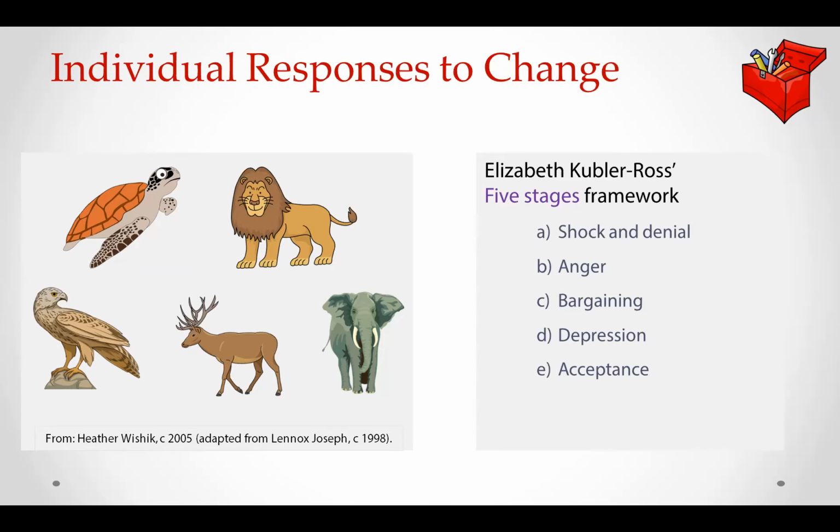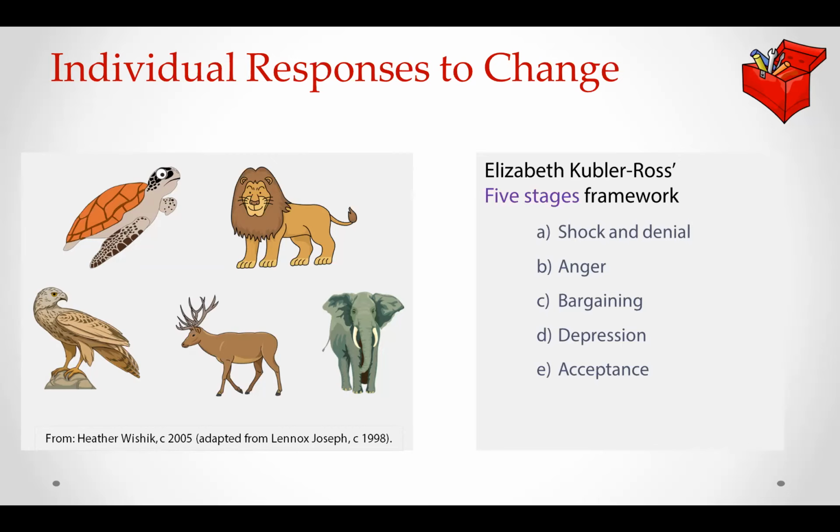Her work was in the field of working with people with terminal illnesses, but that same framework has great application even in the field of organization change or individual change. So whenever individuals encounter a huge change, they go through these 5 stages.